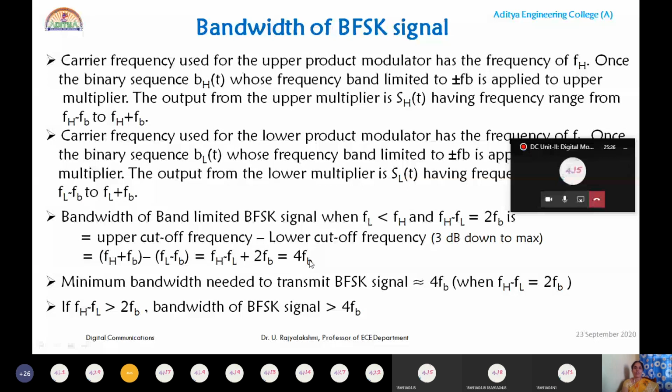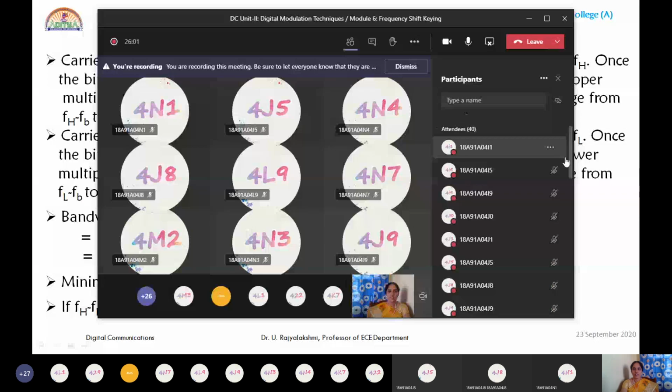So what is the minimum bandwidth required for FSK signal? 4FB. And what is the bandwidth of either ASK or PSK? What is the minimum bandwidth needed to transmit FSK, ASK or PSK signal? 2FB.